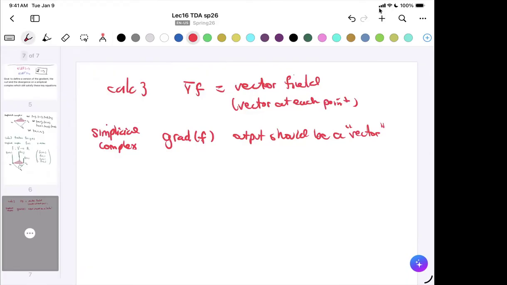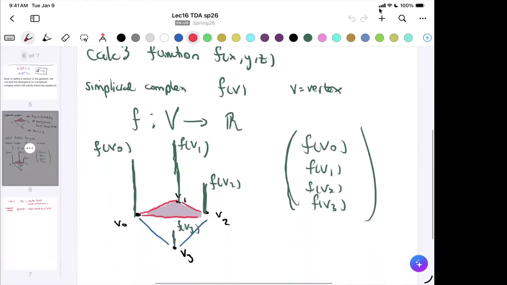But then you have to think, what is a vector? A vector is somehow something one-dimensional. And on a simplicial complex, the data that's one-dimensional are the edges. So somehow what it spits out should be related to the edges of the simplicial complex.